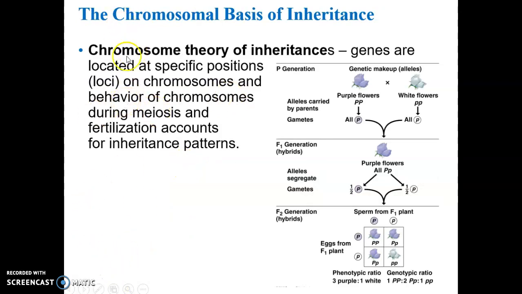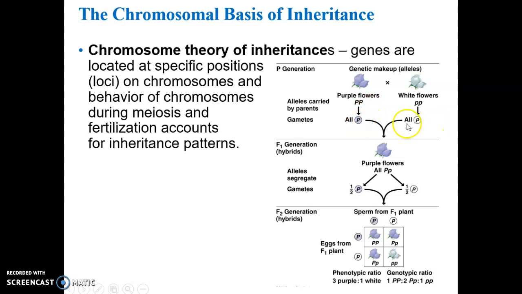Okay, so let's look at the chromosome theory of inheritance, which we've been talking about for a while. So genes and alleles are located at specific locations, which are called loci, on chromosomes. And then the movement and behavior of the chromosomes during meiosis and fertilization accounts for the inheritance pattern. Let's go back to these flowers. Right? Purple flower, white flower, dominant recessive inheritance.